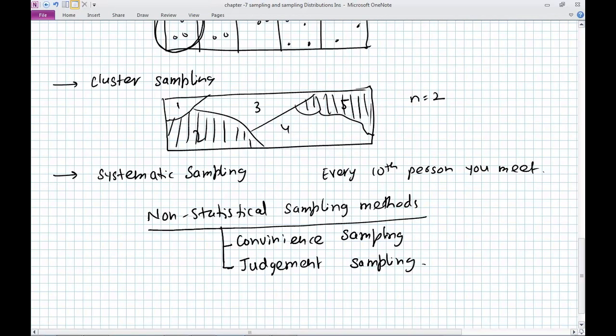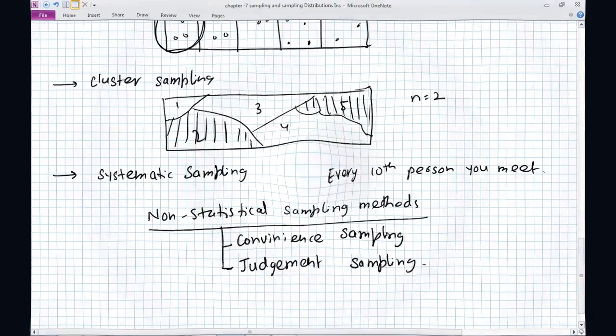So it's a sampling, but based on that, they judge whether this candidate is worth selecting or not. Judgment sampling is also used in sports. People who have a good eye look at some kids playing and can tell that this kid will do very well in future and select that kid in the team.